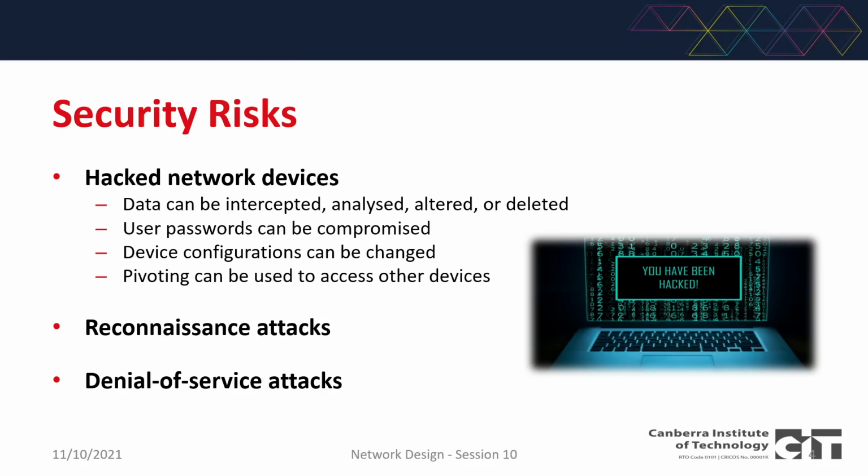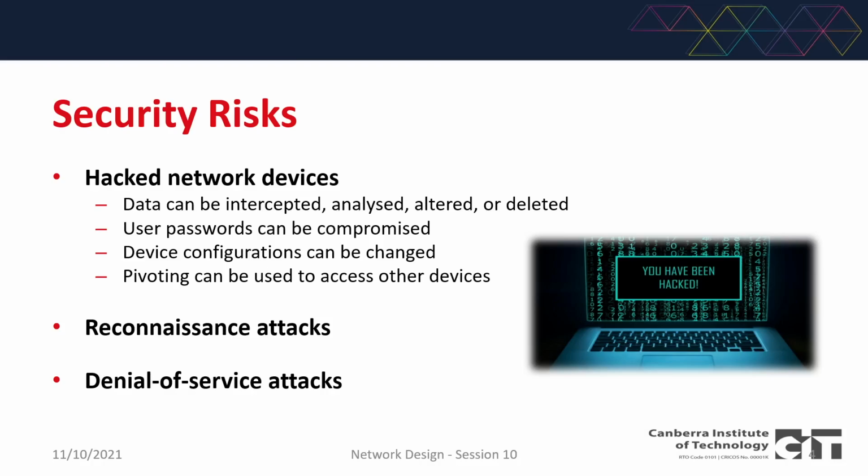So, just the same example I mentioned to you before. If someone hacks one device, it may seem like that device is not special. It may seem that it is just a user client, but because this user client is connected to the entire network infrastructure, someone can use this computer as a vector, as a pivot for attacking all other networking devices, because now the attacker is inside of the network.